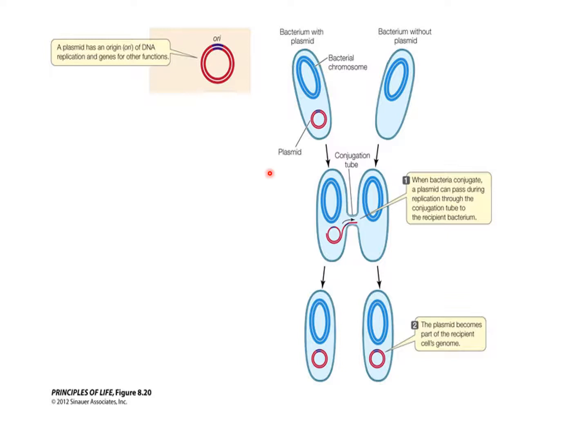A lot of times it has to do with antibiotic resistance, which, unfortunately for humans, can become kind of a problem. If bacteria become resistant to our antibiotics, then they don't respond well. And if they don't respond well to the medications we have, we've got to try to find some other way to kill it, or else that bacteria can potentially kill us. So this could become kind of an issue.